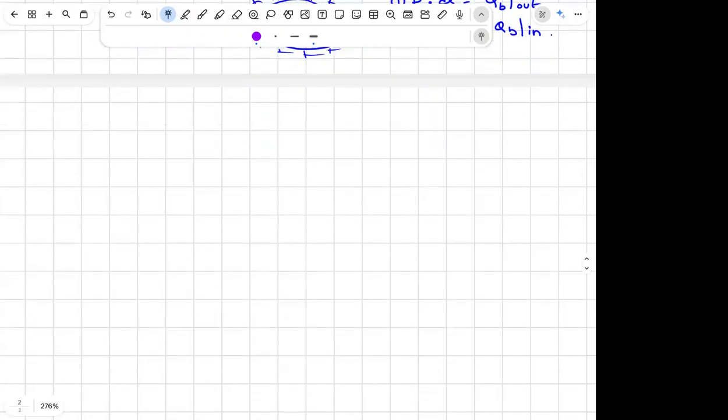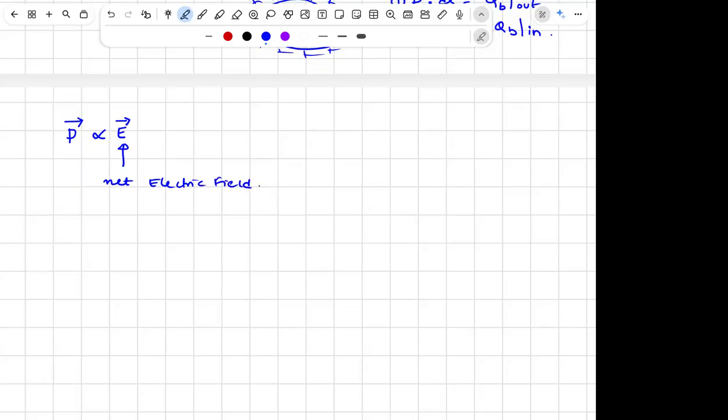Therefore, anytime the polarization vector is related to the strength of the applied electric field. Remember, when you are writing E bar, this is the net electric field inside a dielectric.